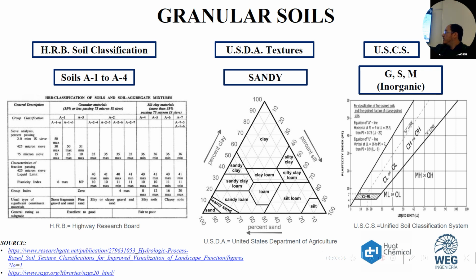The second is a more agricultural type of classification, where we talk about sandy soils and gravelly soils. And the third is the unified soil classification system, mainly used in geotechnics for foundations, for example. So we say gravels, sands, and in some cases silts.